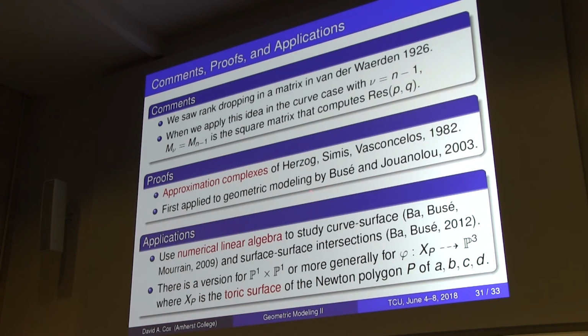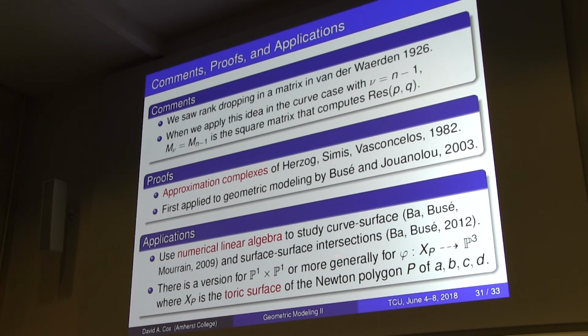For example, if you want to study an intersection between a curve and a surface, well, you represent the surface by one of these matrices, and then you can understand how the curve meets the surface by asking some rank-dropping questions once you add in this extra information about what the curve is. And so Bajaj, Busé, and Morin did that in 2009.